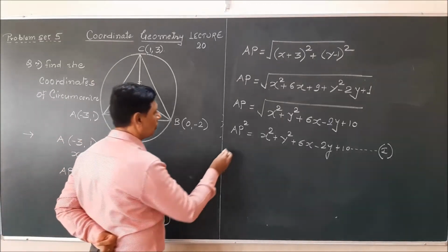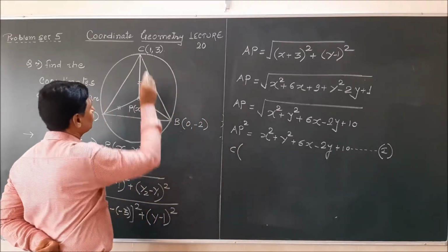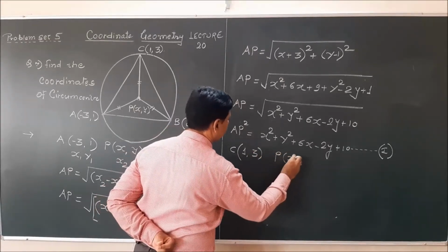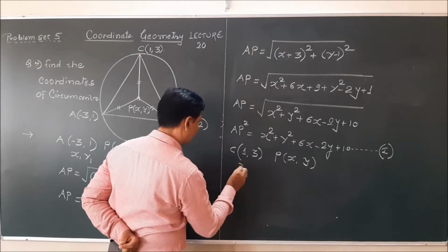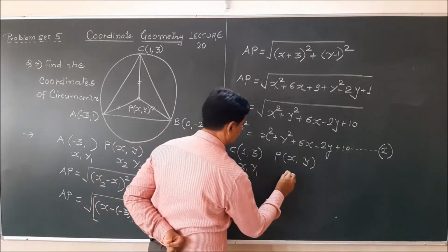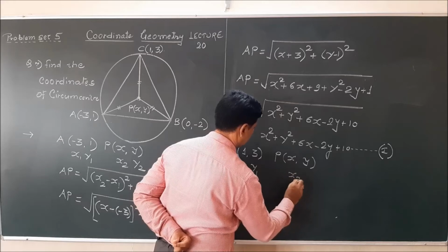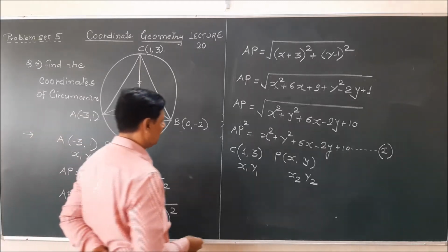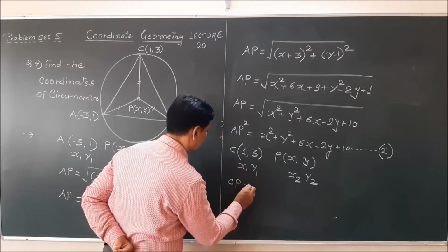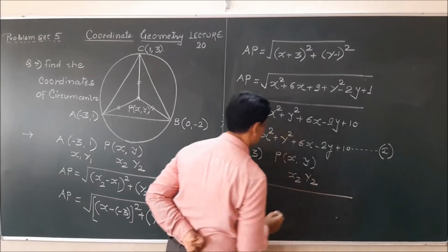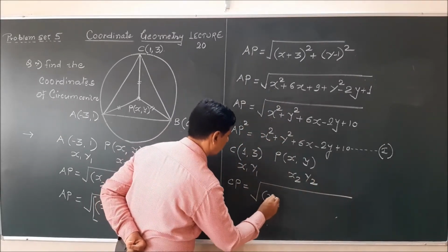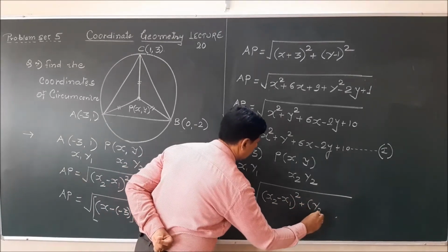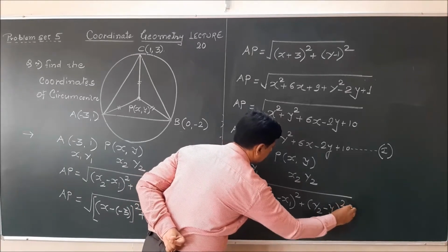Coordinates of C are 1, 3. Coordinates of P are x, y. So with x1 y1 and x2 y2, the distance CP is the root of x2 minus x1 the whole square plus y2 minus y1 the whole square.